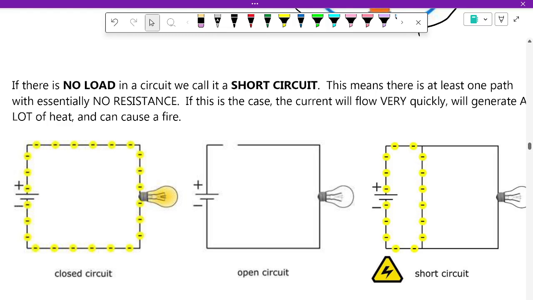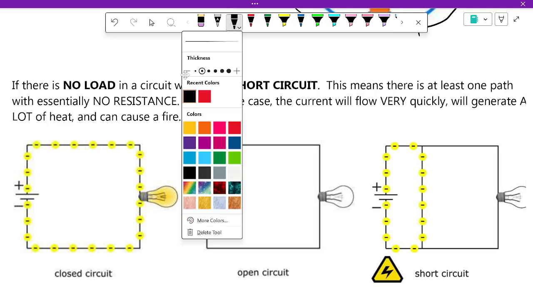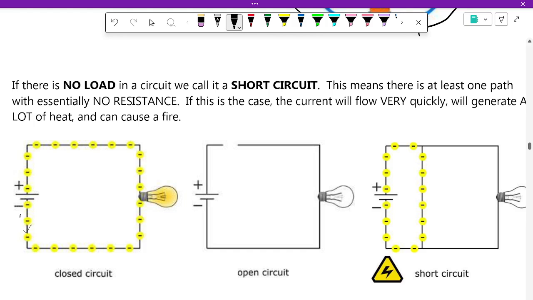We have a closed circuit where the electrons move, and the electrons move this way. They all move around like this, in this case a counterclockwise direction, because they are repelled by the negative and they are attracted to the positive.